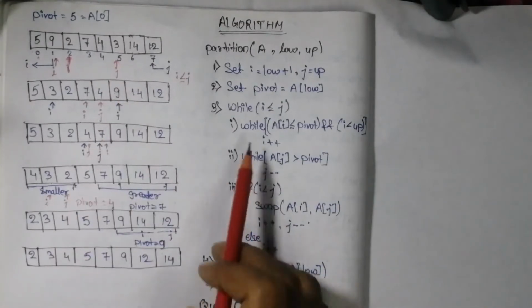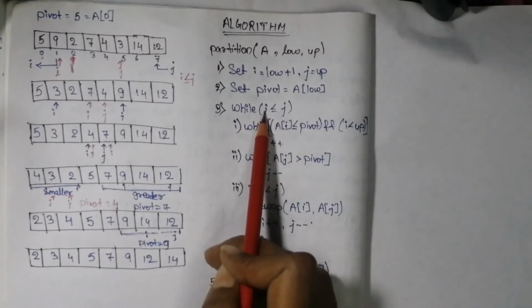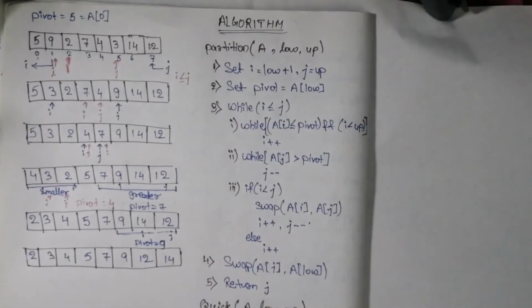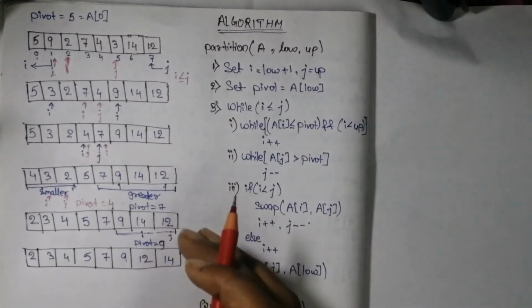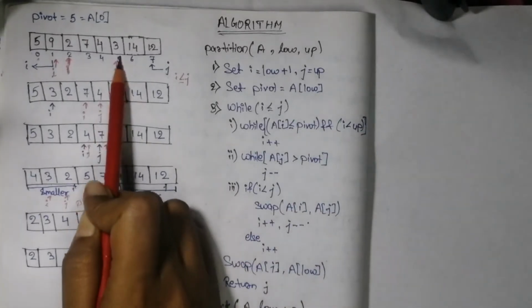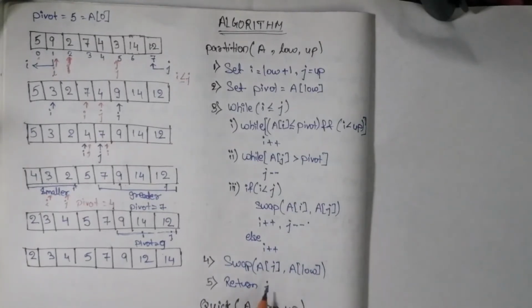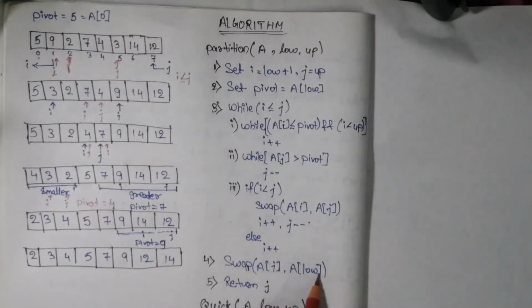Now, if this condition becomes false, that means the ith index becomes greater than the jth index, then this means that we found the proper place for the pivot element and it is given by the index j. So now we need to place the pivot element at the jth index, right? So we will swap the element at the jth index with the element at the lower index.